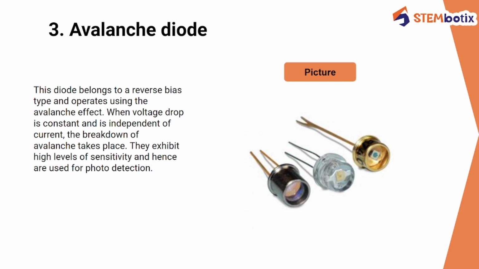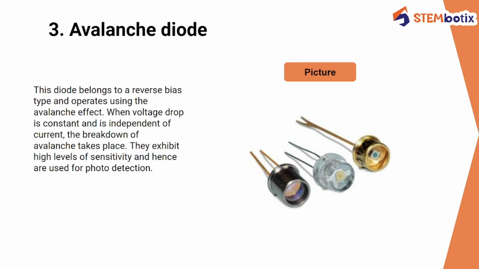These diodes allow electric current in the reverse direction when the reverse bias voltage exceeds the breakdown voltage. So the main function is that they allow electric current in the reverse direction when the value of the reverse bias voltage goes beyond the breakdown voltage.